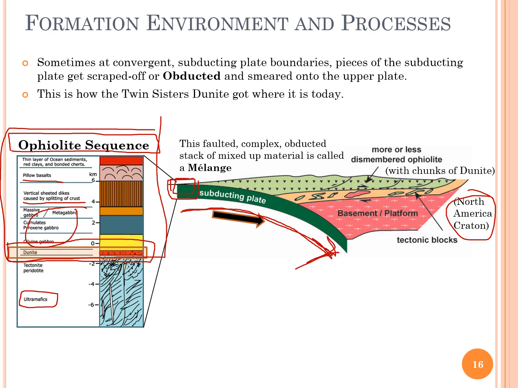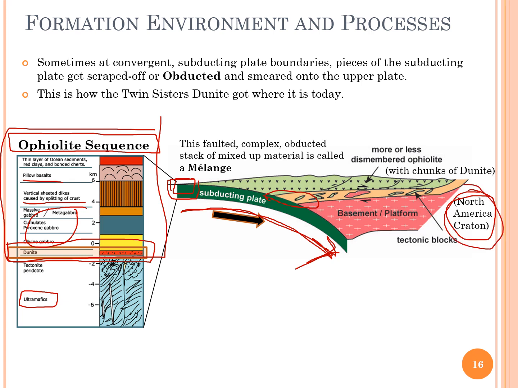Oftentimes, this ophiolite sequence is scraped off as it's subducting. That component is peeled off, basically a combination of friction with the North American craton, in our specific case, the continental material.